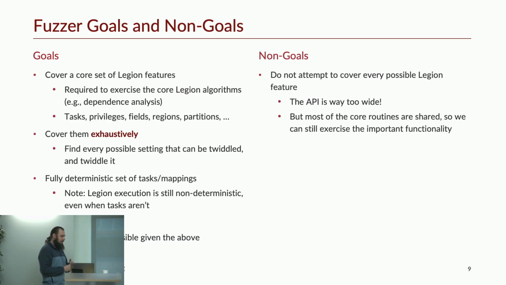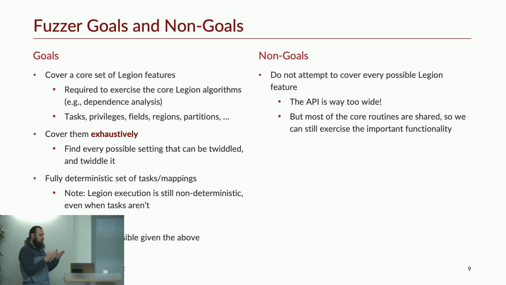A fuzzer is a tool that runs randomized programs. The goal of this is to cover a core set of Legion features. It is explicitly not a goal to cover every possible Legion feature, but we're talking about the core things like tasks, privileges, fields, regions, and partitions, the basic things. And we want to cover those things exhaustively. It is randomized, and so it is probabilistic.